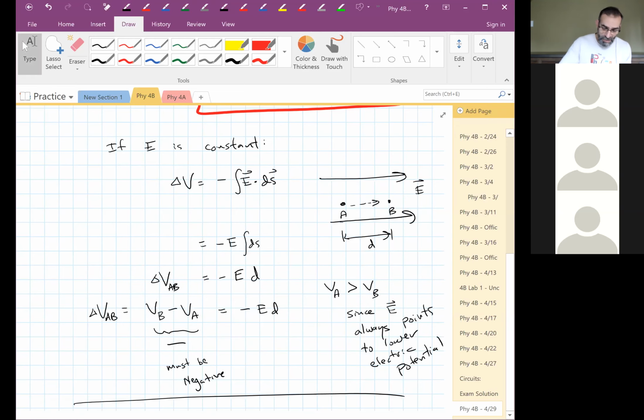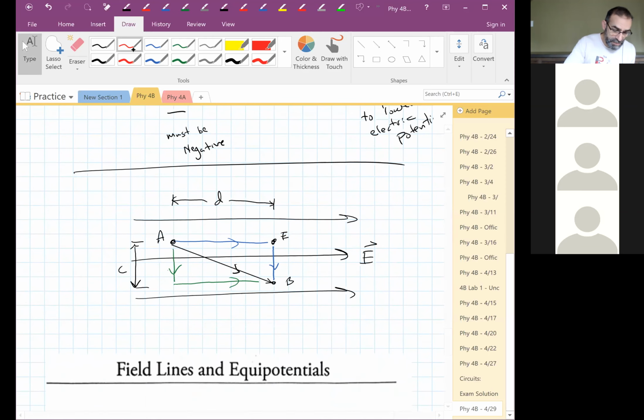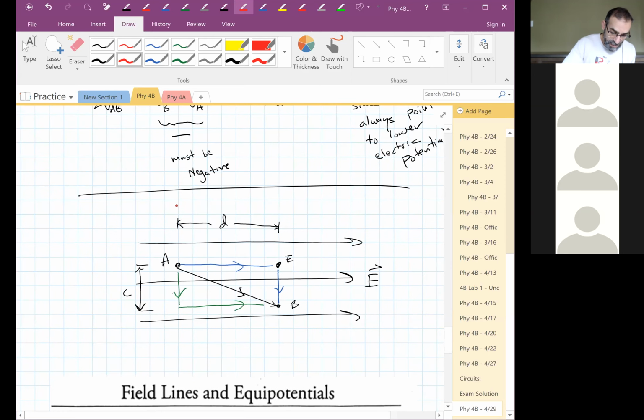So we call those, I'll use red, so there's going to be a plane here and another one here. I could draw them anywhere, but I'll draw them at A and B. And we call those equipotential surfaces. Anywhere on that red dashed surface, the electric potential is the same. So moving along the surface, delta V is 0.